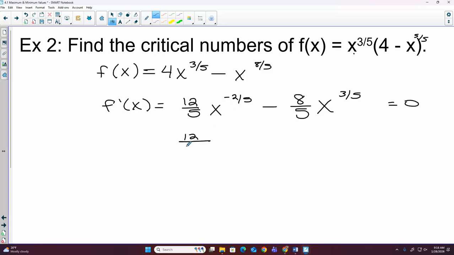If I do this, the x would come down. Since it's a negative power, I could add that one over. So I just rewrote it without the negative exponent, added my second term to the other side. What would you do now?